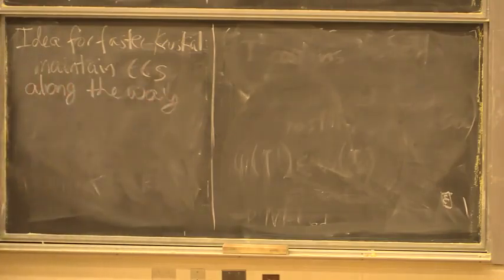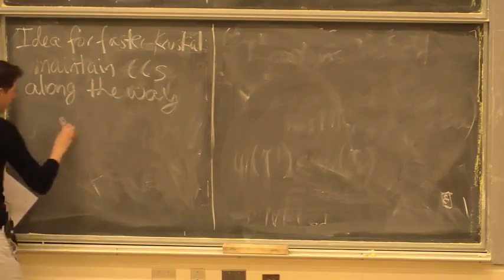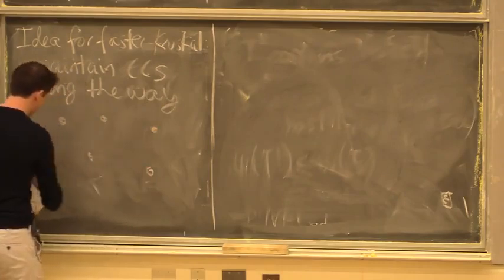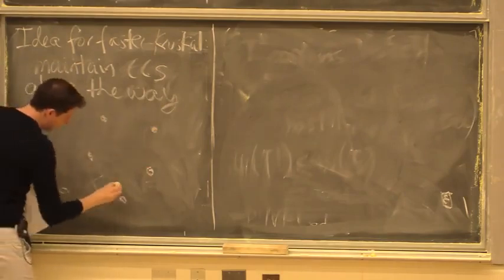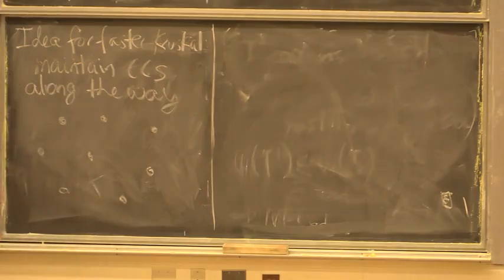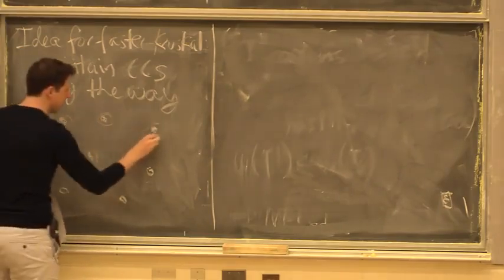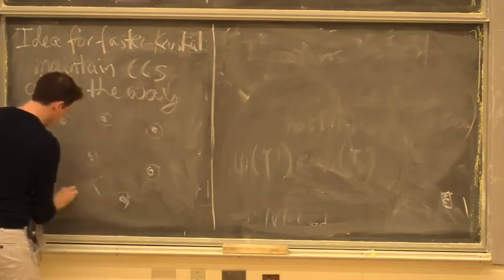The picture you should have in mind is that, at the beginning of the algorithm, we have no edges chosen. So all vertices are their own connected component.